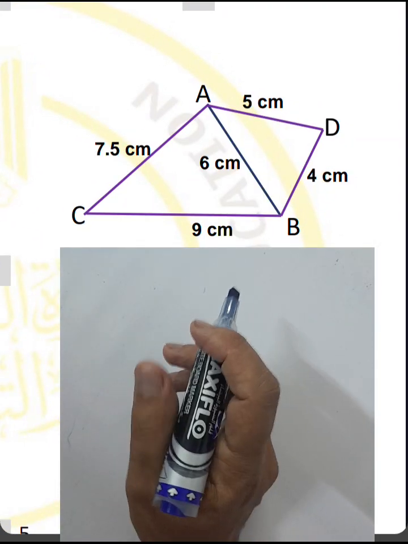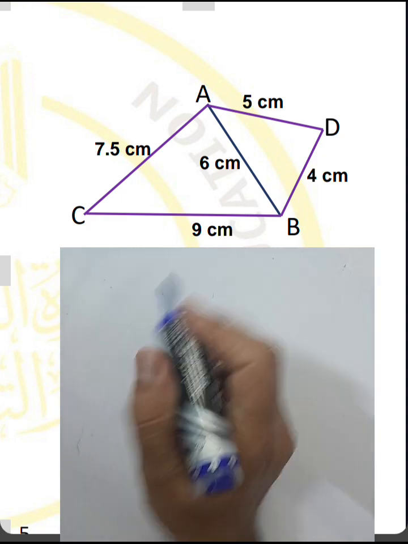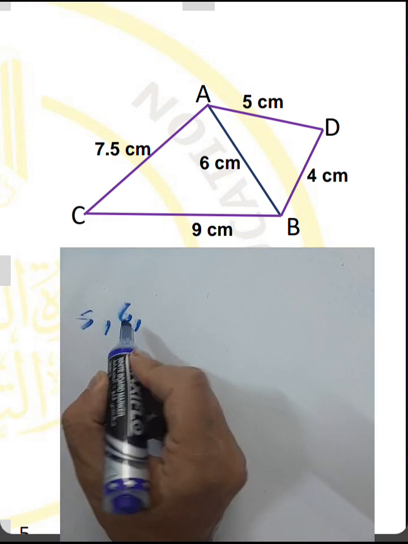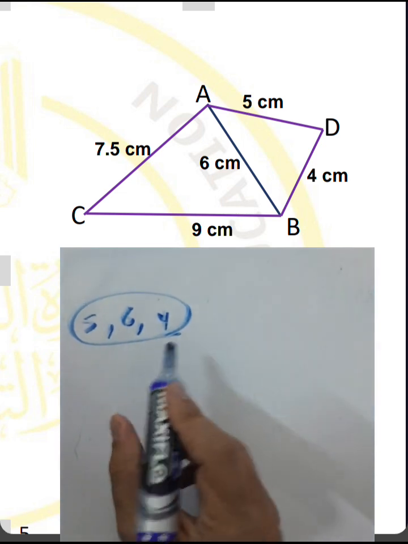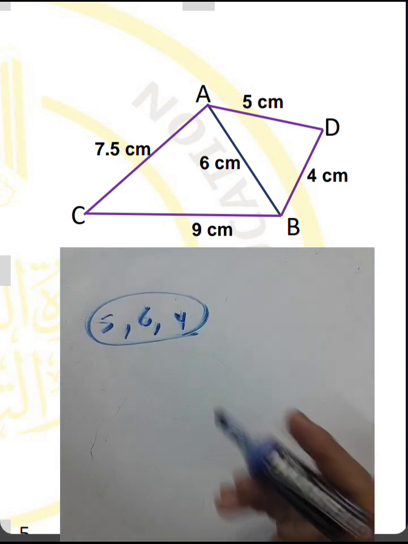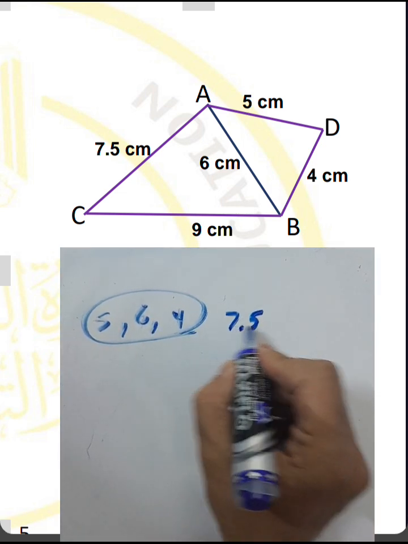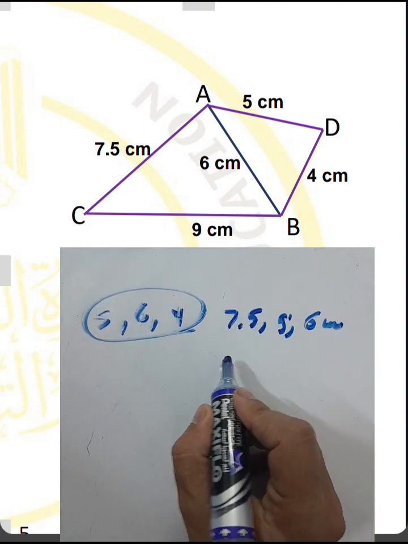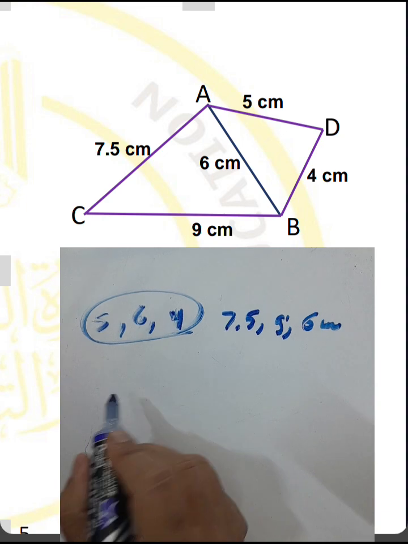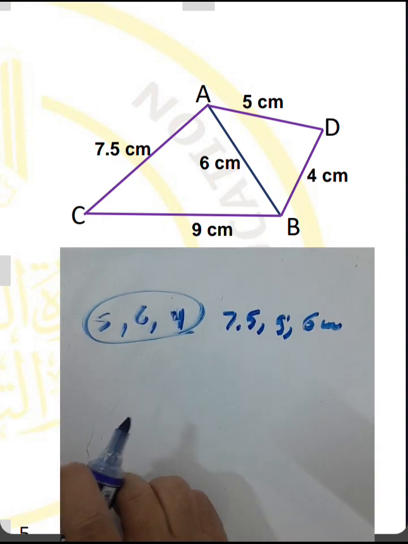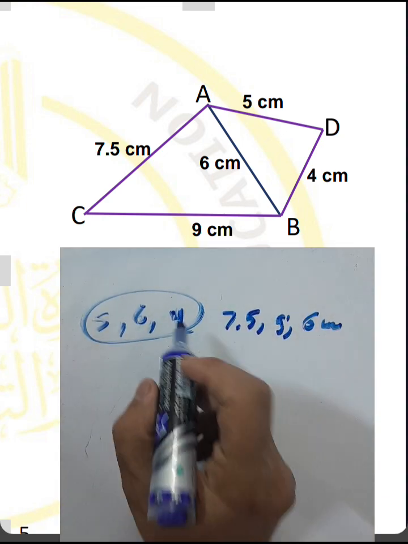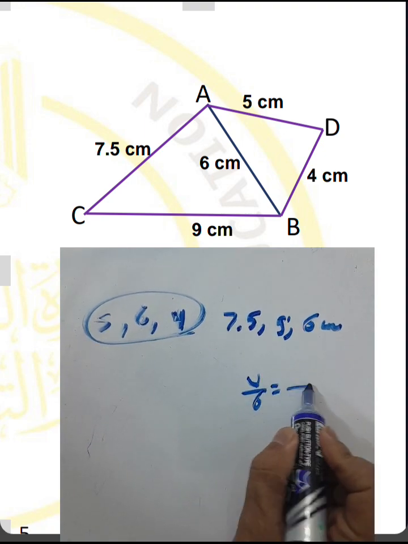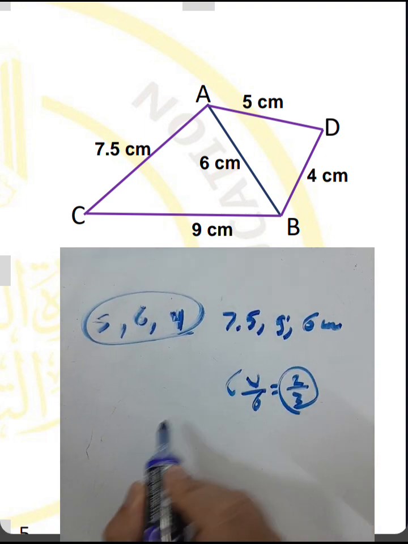If we write 5 and 6, we have 5 and 6 and 4 centimeters about the first triangle, and side lengths about the second were 7.5, 6, and 9. Okay, we can find the ratio between 5 and 7.5, and 4 over 6. You can write 4 over 6 as 2 over 3, similar.